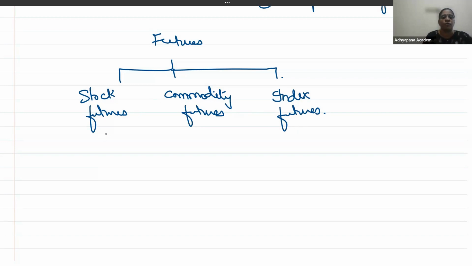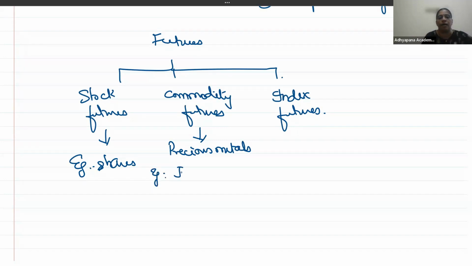Okay. So stock futures is with respect to shares. In the case of commodity futures, it is with respect to metals, for example iron and steel, copper, bronze, gold, zinc, etc. Index futures: when a particular stock is not traded in the futures market, and you have to protect or hedge it with the help of the market portfolio, you call it index futures.